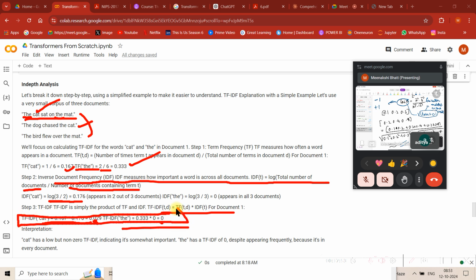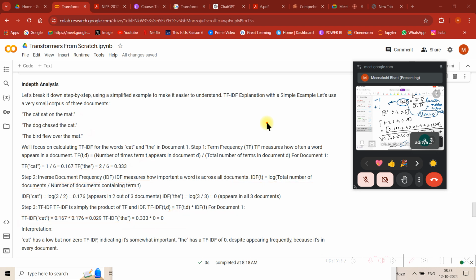Now why is this happening, and this essence is important. There are a few words like the, on, and similar words which might occur a lot of times, but they actually don't have any meaning. So how did TF-IDF improve on the normal term document way? It said that it's fine that there are a few words which occur a lot, and if I scale them down with the help of logarithmic properties, it would give me the true essence of the word.